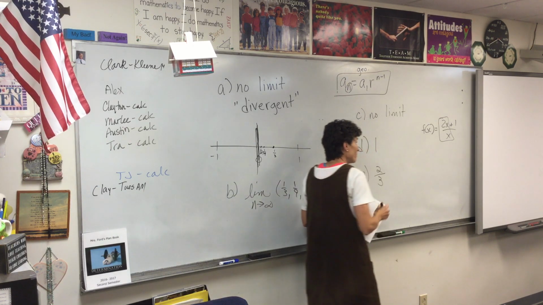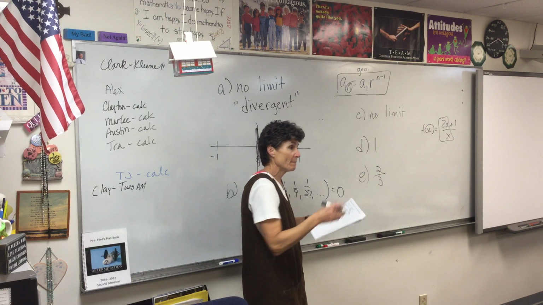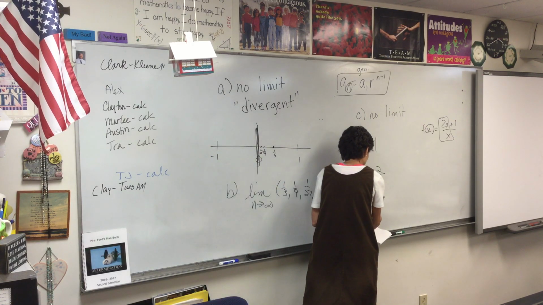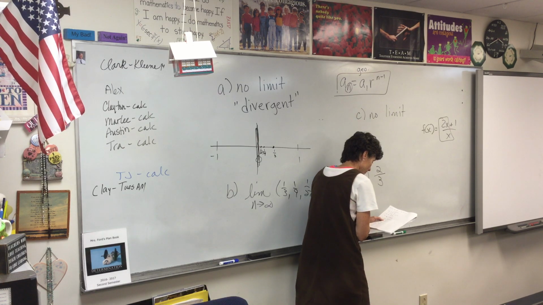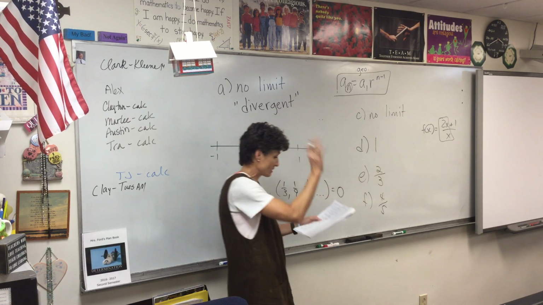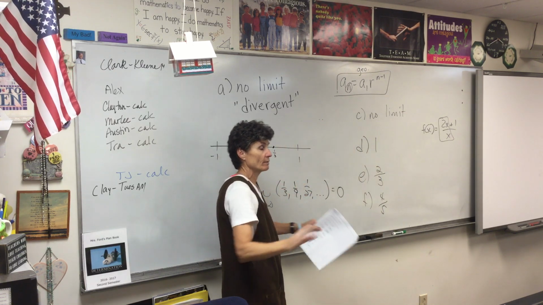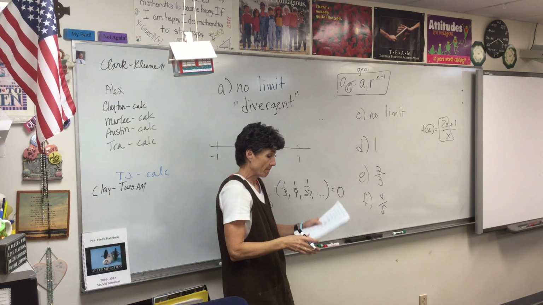Remember, you're just comparing the highest powers. You're comparing the n's. What about F? Compare the highest powers. What do we have in F? 4/5. Because it's 4n squared over 5n squared. No confusion.